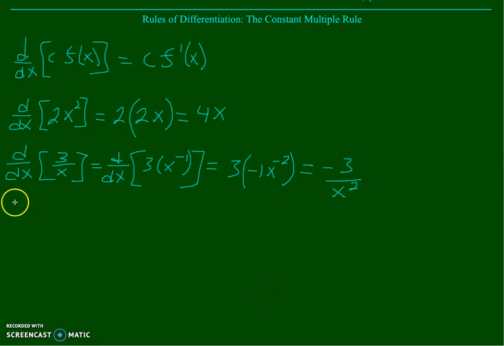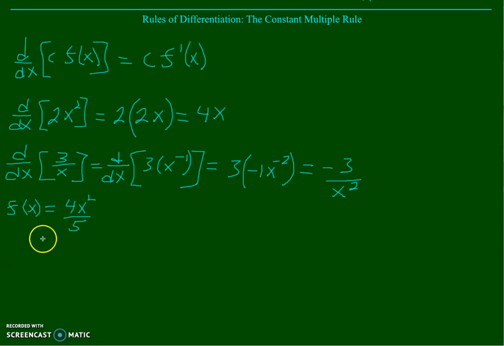So let's change it up a little bit. Let's say that f of x is 4x squared over 5.